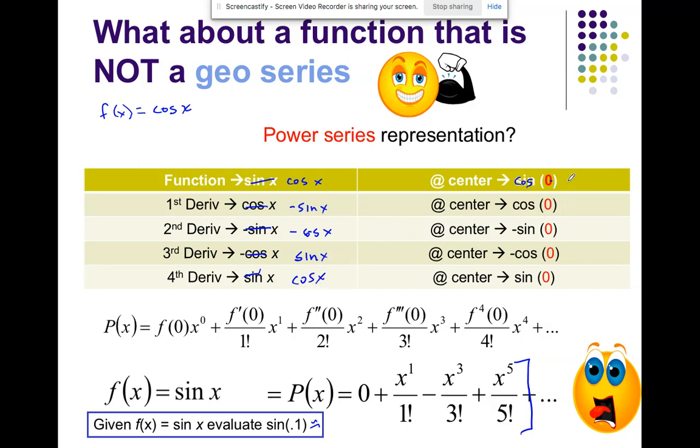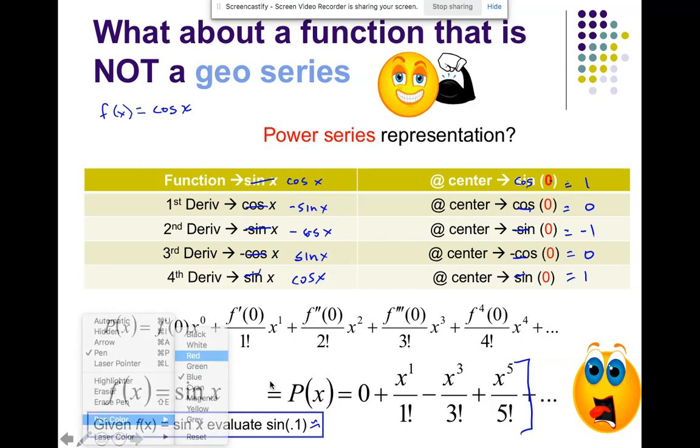right? What is cosine of 0? 1. What is negative sine at 0? 0. What's going to happen here, kids?